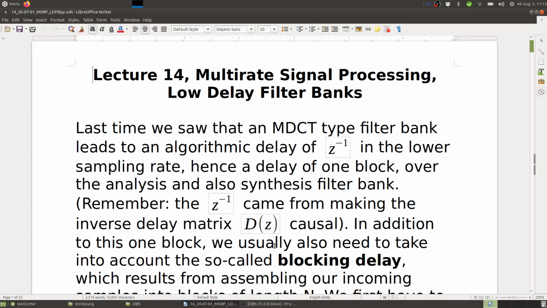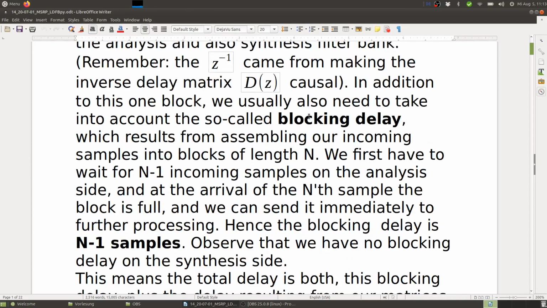In addition to this one block, we usually also need to take into account the so-called blocking delay, which results from the assembling of our incoming samples into blocks of length N. Right, so first we have to wait for N-1 samples to fill up the first block, and then we can continue to process.